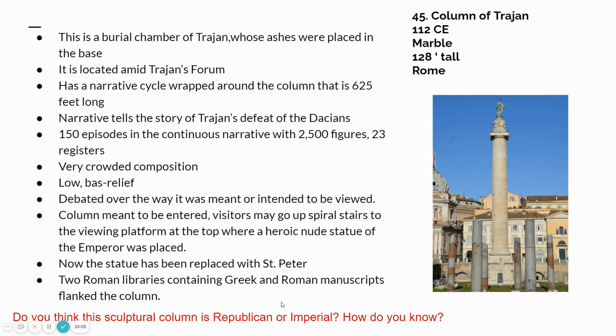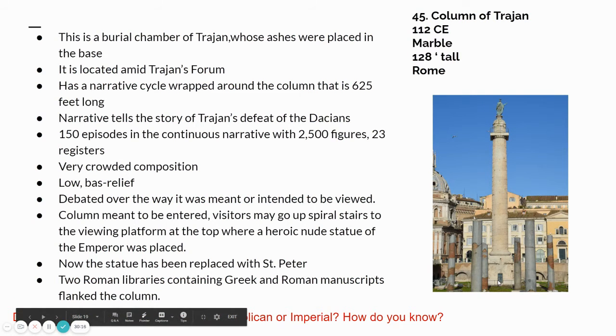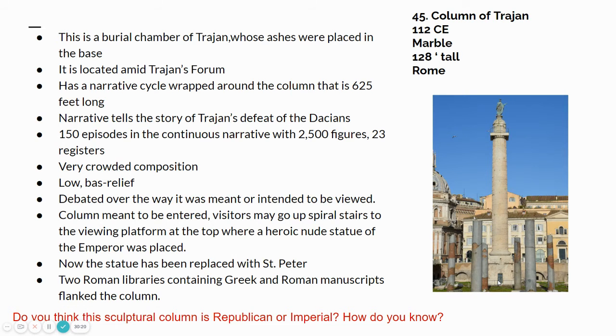And it is the burial chamber of Trajan himself, whose ashes were placed there at the bottom base down here, okay? It is located amid Trajan's Forum, and this is the architectural civic complex that we will be talking about when we get into our architectural portion, okay? But it's located within that complex.